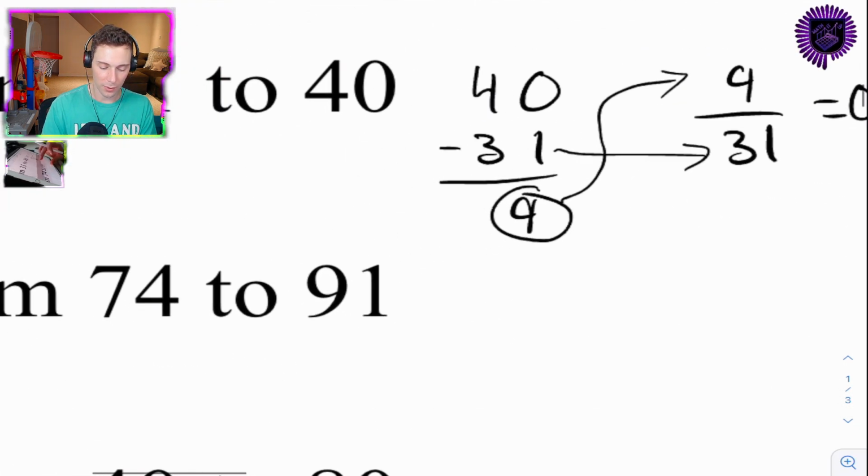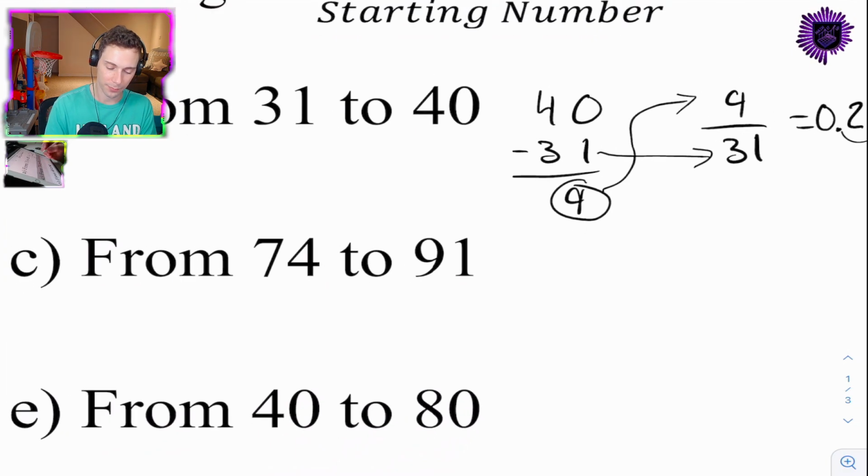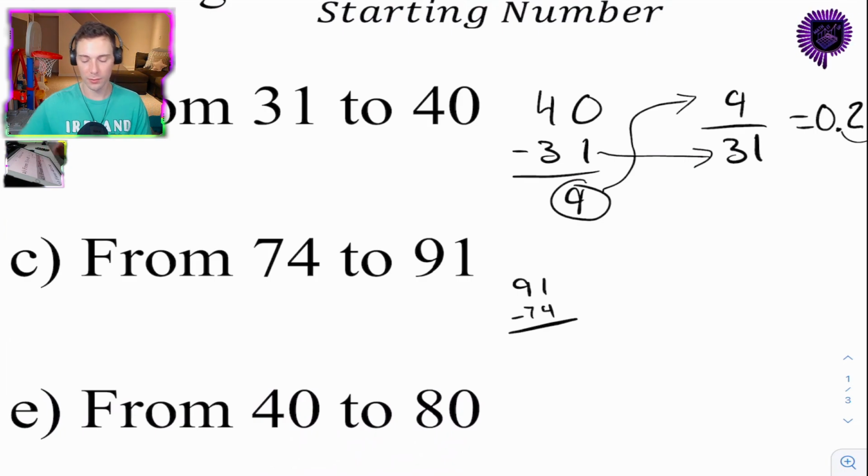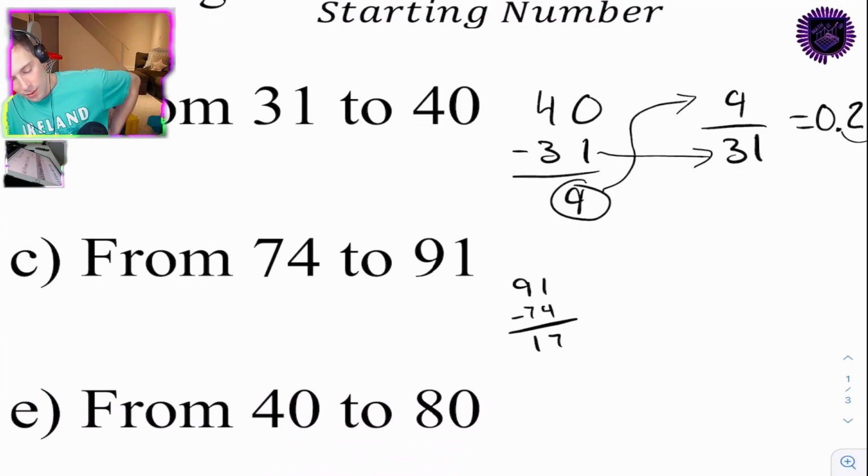Let's do the next one. So we're going to go 91 subtract 74, which is going to equal, so that would be 20 subtract 16, nope, not 16, 17. 17 is the difference.